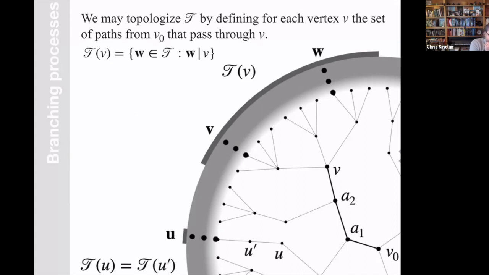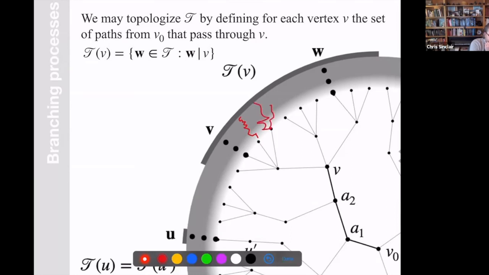What I think of is, these paths keep going down, there's lots of little paths going down. Couldn't draw all the levels, obviously. And I think of the profinite completion as all of these points out here way at the boundary, all of the paths down here. And this part right here corresponds to all of the paths that pass through V. I'm going to call that an open neighborhood.